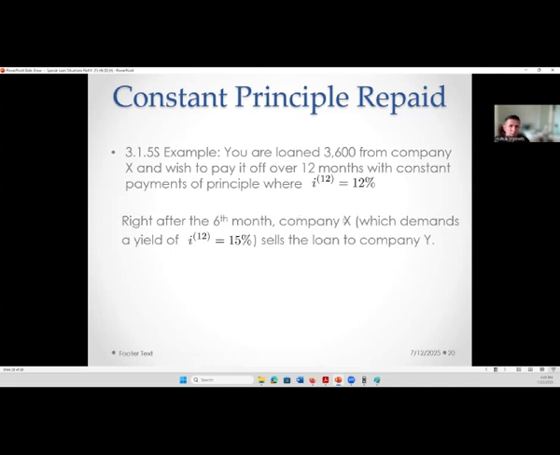So right after the 6th month, company X sells a loan to company Y, and company Y is demanding a yield of I-12 is 15%. And all that means is this is the rate we're pricing the rights to these loan payments right after the 6th month.